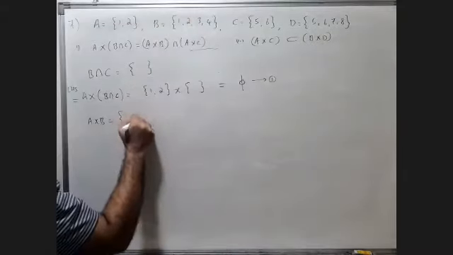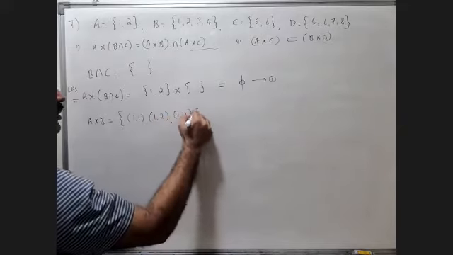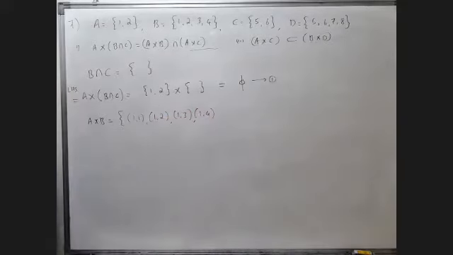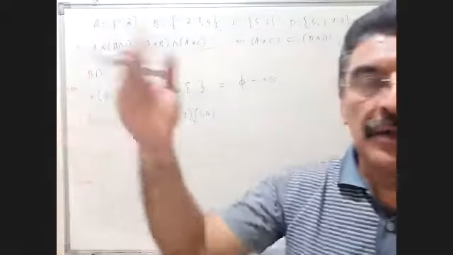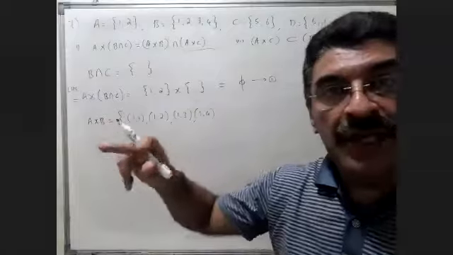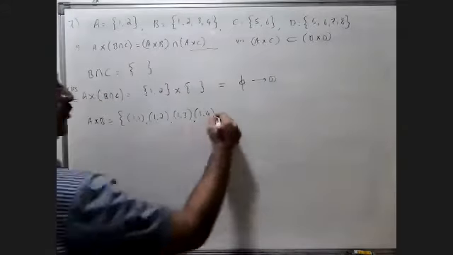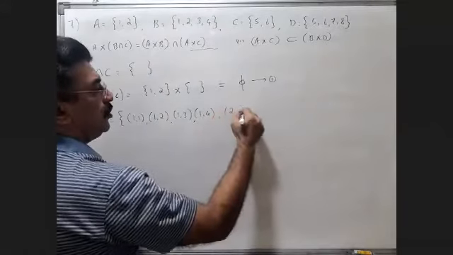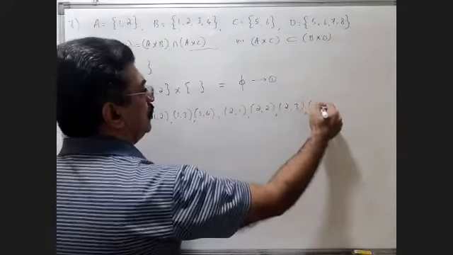So it is (1,1), (1,2), (1,3), (1,4). Taking the first element in A, we paired it with every element in B. Now take the second element in A. Second element is 2. Again, pair it with every element here. So it will be (2,1), (2,2), (2,3), (2,4).